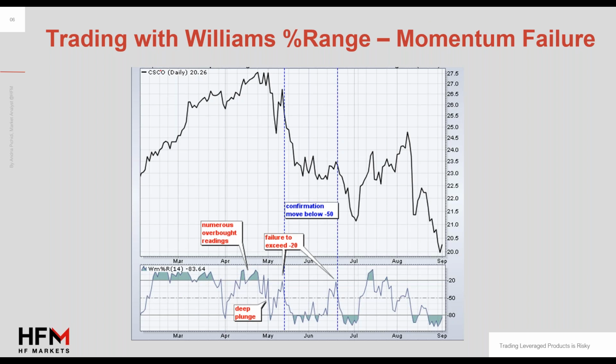Like this example over here, this was an old Cisco example, which breached overbought in early March and stayed above, tumbling between -20 and 0 for more than a month, and in this way it continued to move higher and higher.